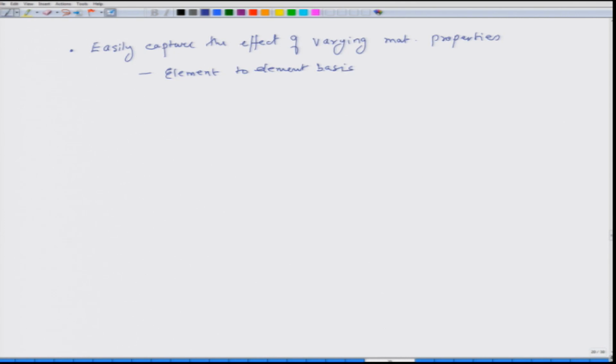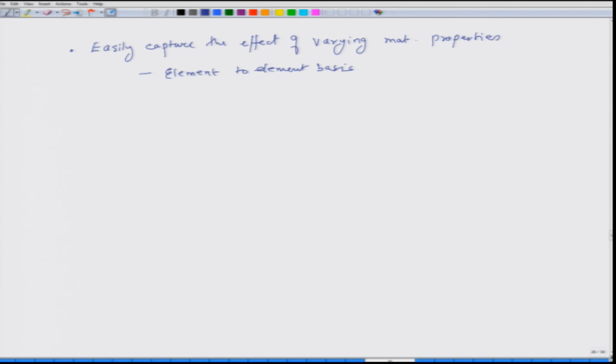So you can have one property in element number 1, and then if you move on to the second element, if the problem requires, you can use another property.